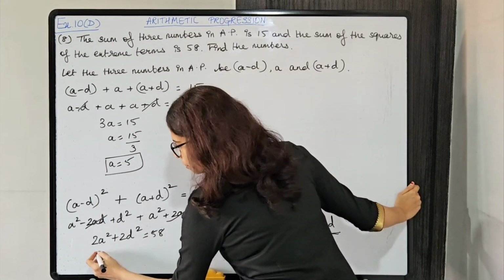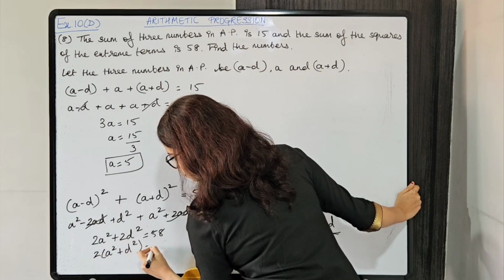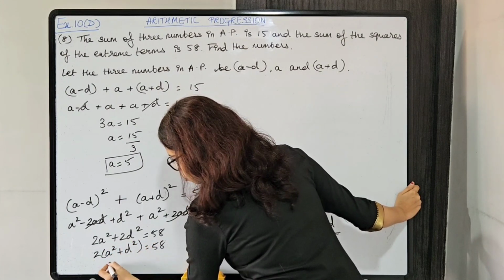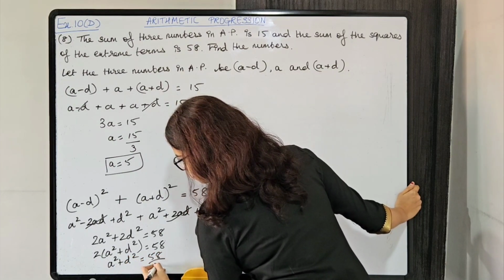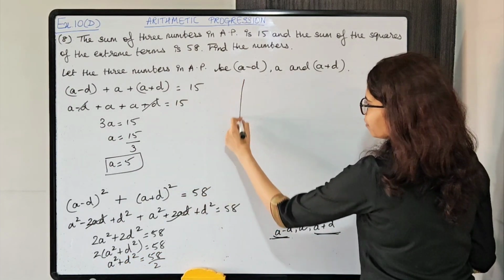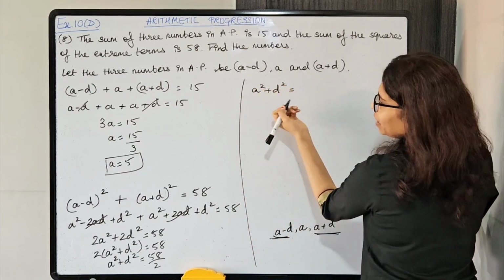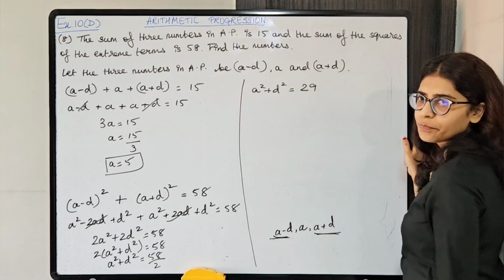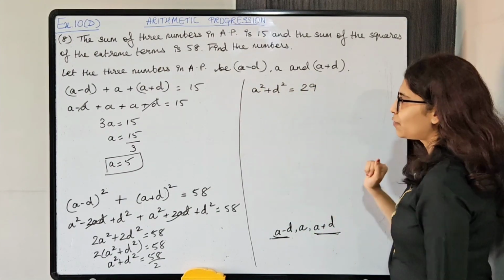I can take 2 common. So A square plus D square is 58 by 2. So A square plus D square will be equal to 29. Okay. Let's put the value of A. A is 5.